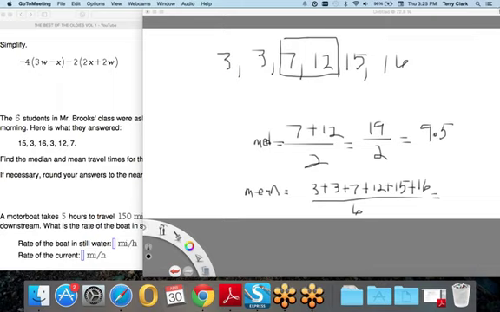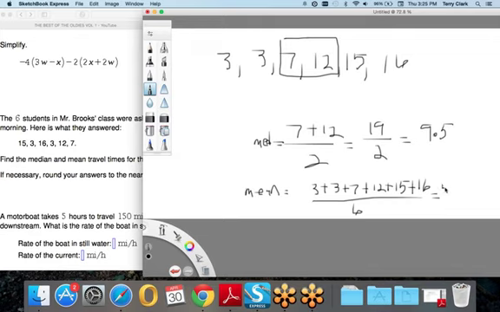So we got 3 plus 3 plus 7 plus 12 plus 15 plus 16. That's going to give us 45 divided by 6. Okay, that didn't come out right. 45 divided by 6 is going to be 7.5.